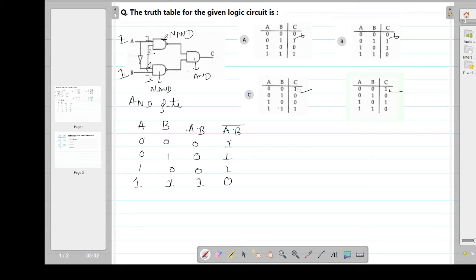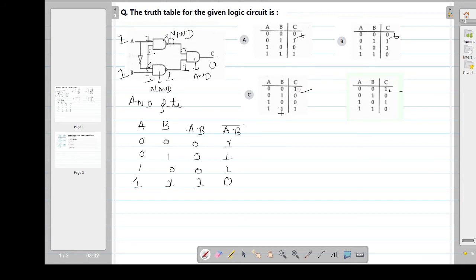The first NAND gate has inputs 1 and 1. If 1 and 1 are there, then the output will be 0 in the NAND gate. And if there is 0 and 1, then the output will be 1. So when 0 and 1 is there for an AND gate, the output will be 0.